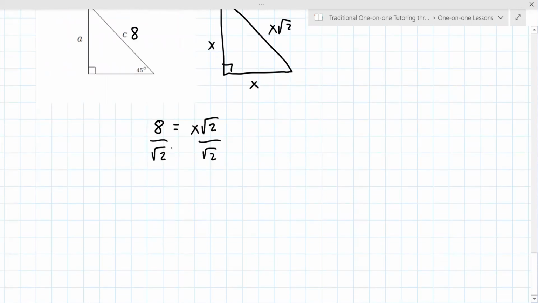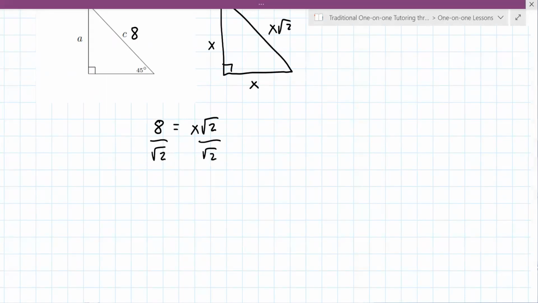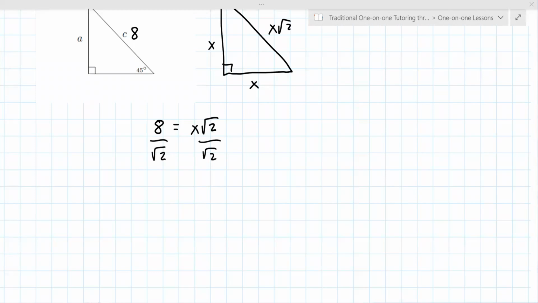From previous lessons, do you recall how we simplify what's on the left? You multiply by the square root of 2, on the top and the bottom. Yes. Okay.